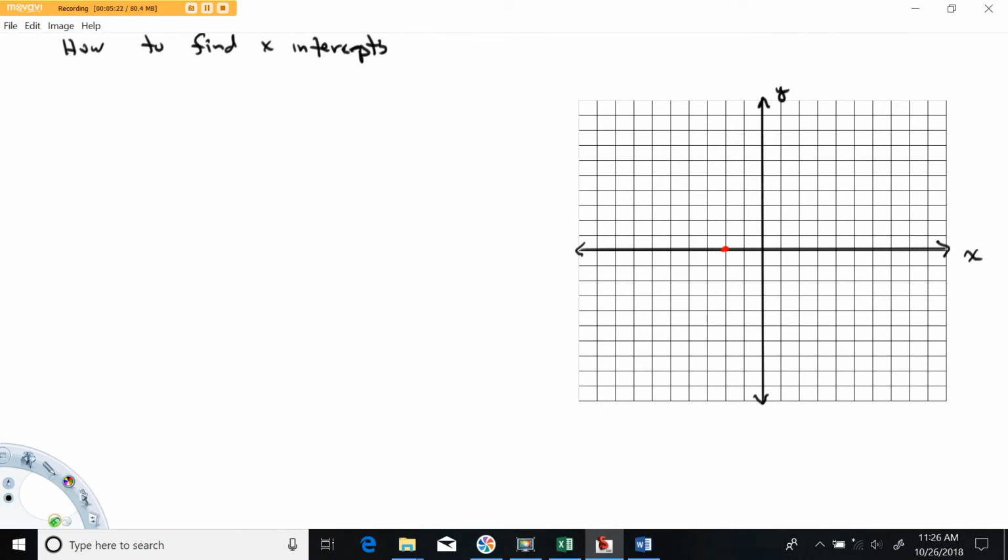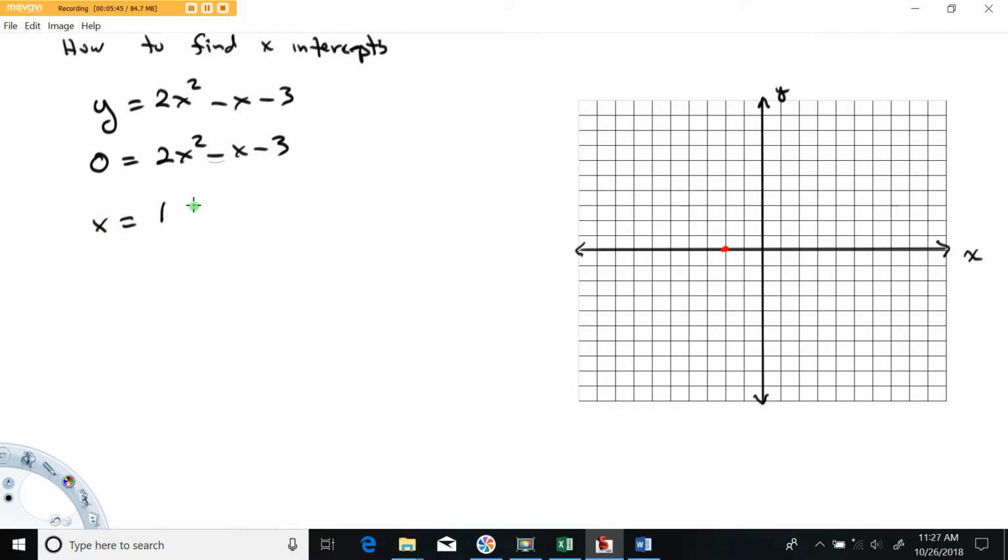Oops, I forgot what that example was. Let's see, I believe it was y equals 2x squared minus x minus 3. Again, to find the intercepts, we're going to put 0 in for y and solve for x. This thing's probably factorable, but I'm going to just use the quadratic formula.